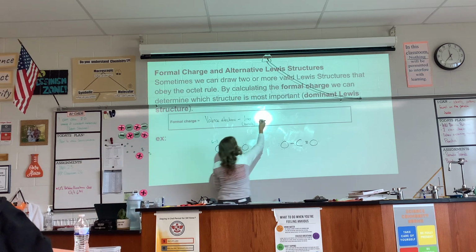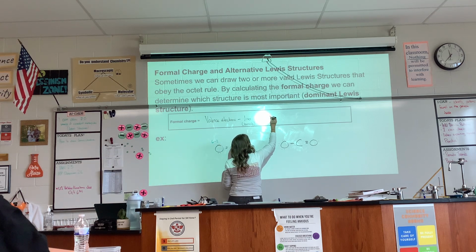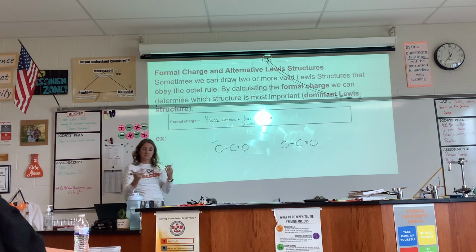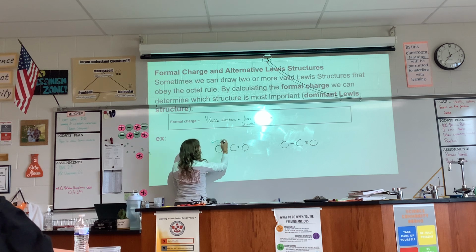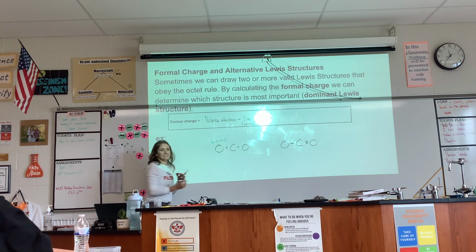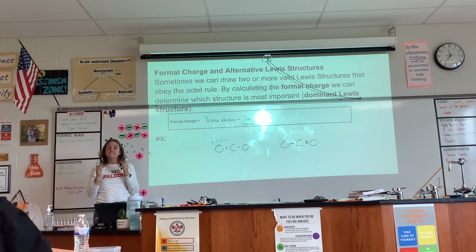Then we're going to minus the dots, which are the non-bonded electrons. How many dots are around this oxygen? 4. So 6 minus 2 minus 4 gives me 0. Which 0 is a good place for formal charge. It means it's stable in that arrangement.